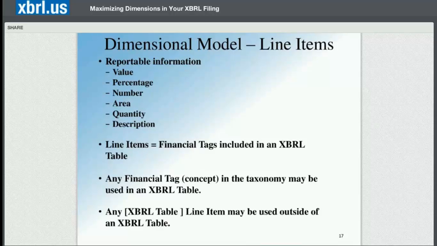So what is a line item? A line item is reportable information. In the most abstract theoretical taxonomy or XBRL taxonomy possible, you could probably get away with about 7 or 8 line items: value, percentage, number, area, quantity, description.